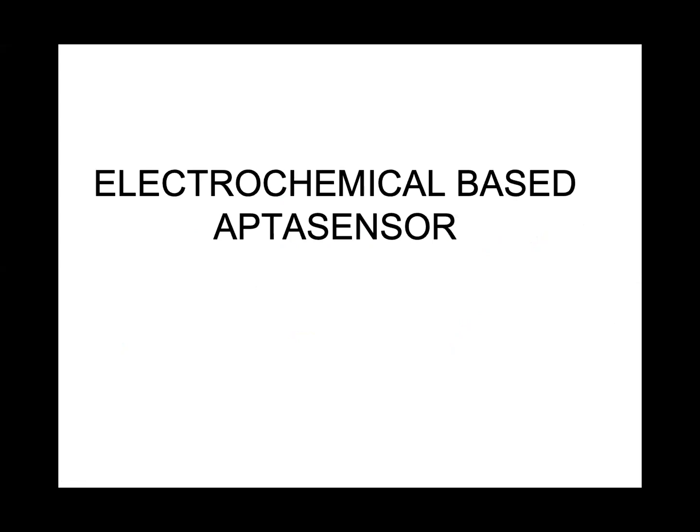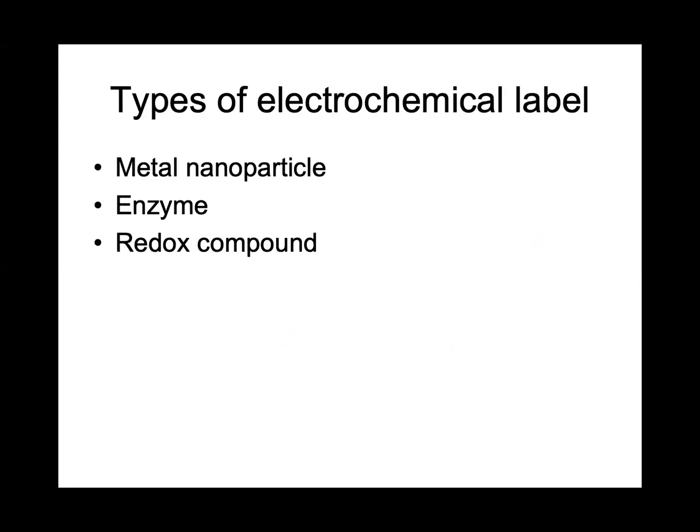So the last part will be aptasensor, because those are the ones that we discussed: DNA, antibody, and aptamer. In aptasensor, there are so many things that you can do in terms of strategy, but these are the labels that you can use: metal nanoparticle, enzyme, as well as redox compound.